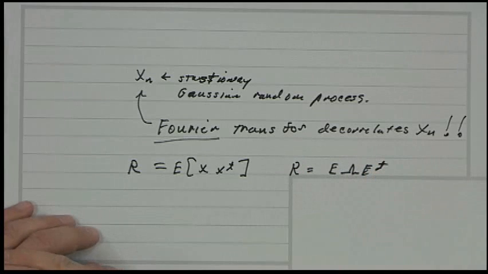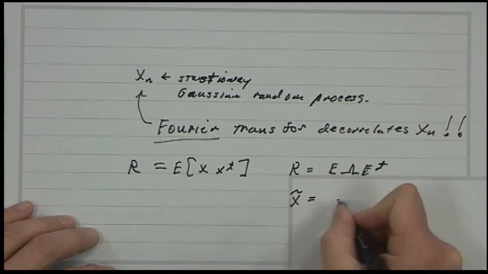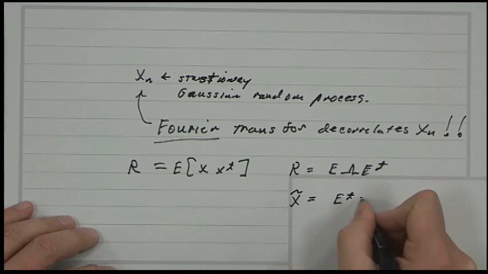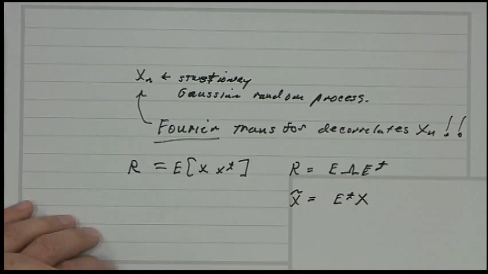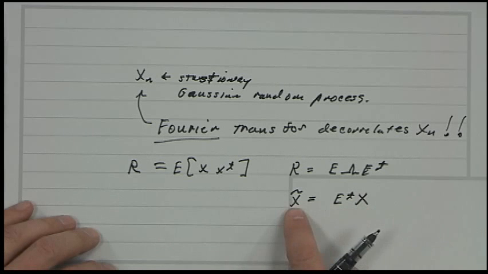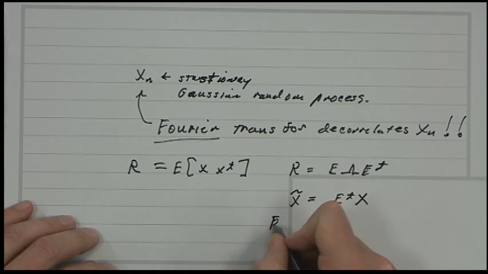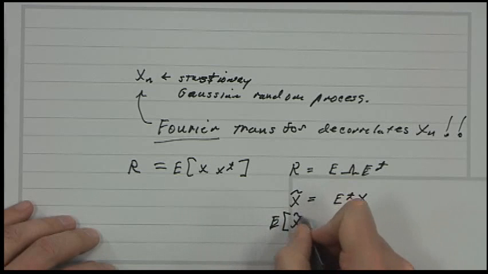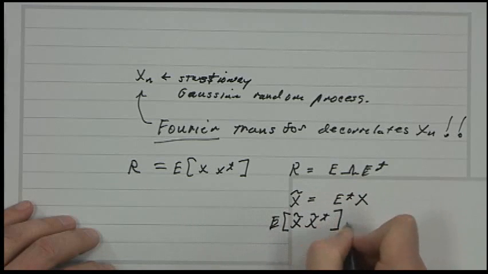We all know that because you did the lab, right? And if you say x tilde equals E transpose x, it turns out then, if I compute the expected value of x tilde x tilde transpose, what's that going to be equal to?